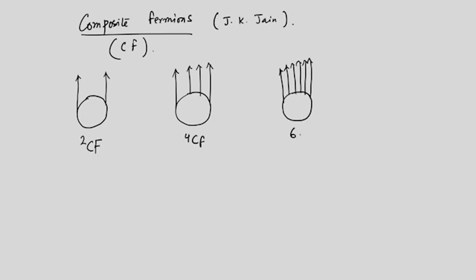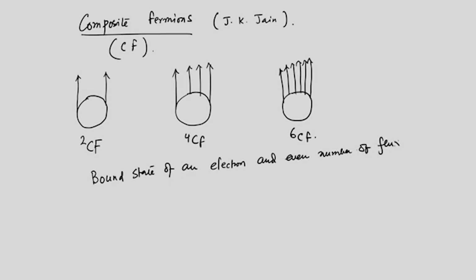So, let us call this 6 CF. Okay. As if it is a bound state of an electron and even number of flux quanta. So, that is the intuitive picture.